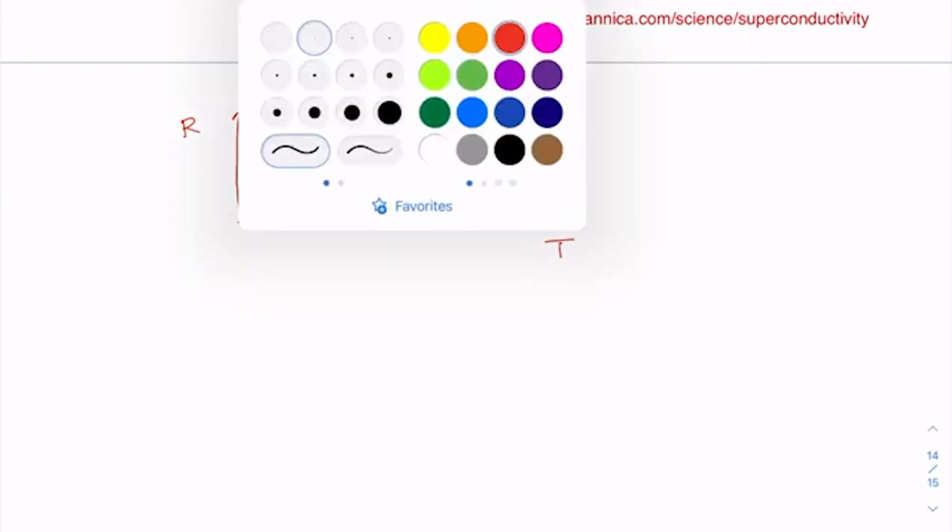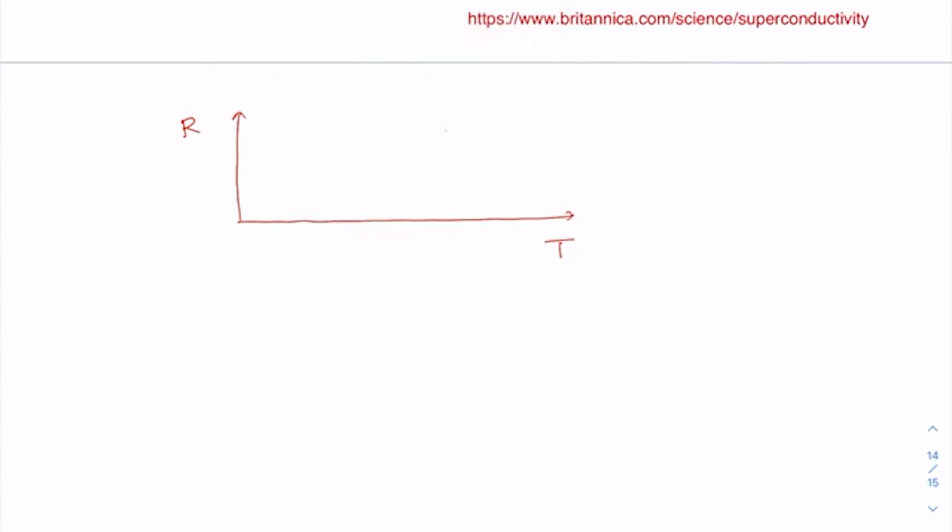So let me just use a different color here. Say the resistance decreases, and this actually happens due to the reduction in the lattice vibration as the metal is cooled, and there is a significant decrease in the electron-phonon interactions.